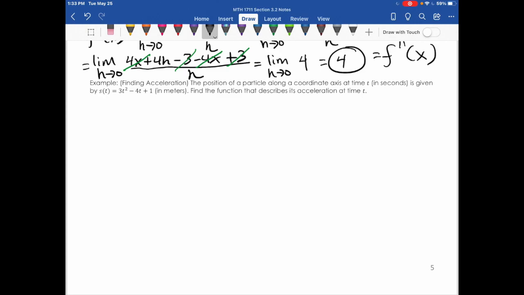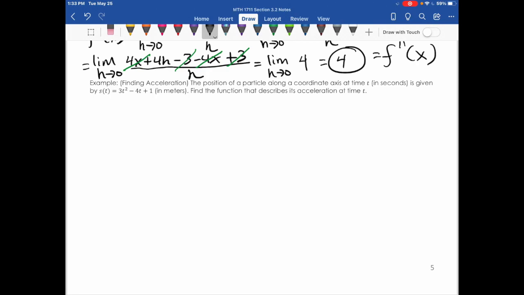Okay, lastly, we're going to talk about the second derivative in terms of position functions. So when we take the first derivative of a position function, we are talking about the change in position, which is your velocity. So it's the change in distance over the change in time, which is your velocity. Now, if I take the derivative of the velocity, that's the rate of change of the velocity, which is acceleration.